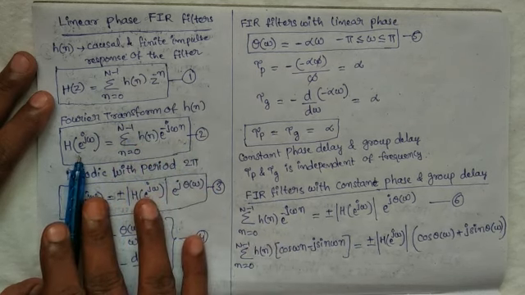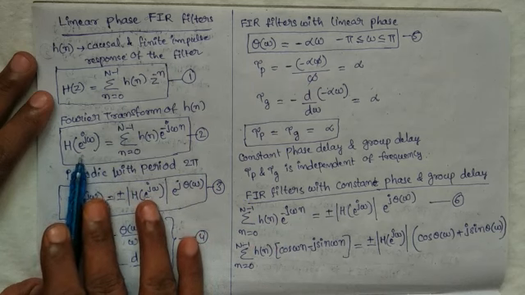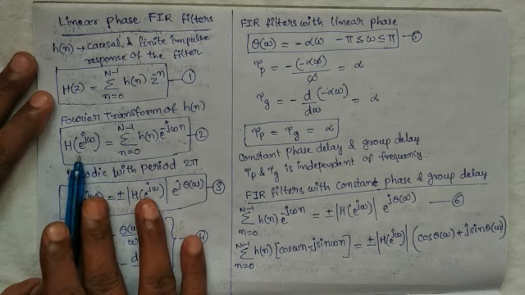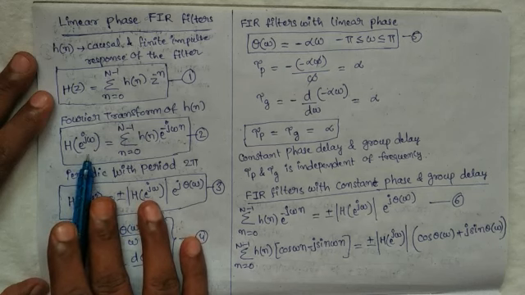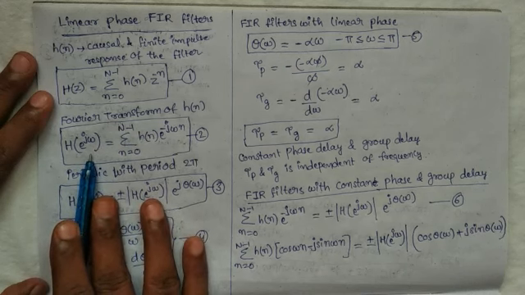H(e power j omega) is a periodic function with period 2 pi, which means the spectrum repeats every 2 pi radians.